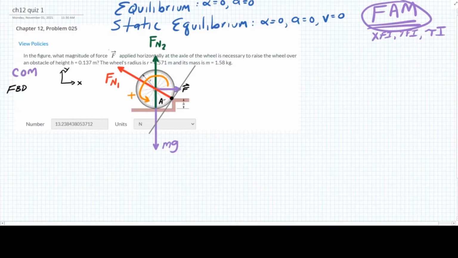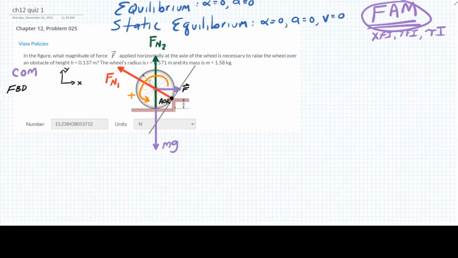Now, having said that, technically speaking, I could pick any point as the axis of rotation. That sort of takes the pressure off. I could select any point and you're going to get the right answer. The question is, maybe there's an easier versus a harder path based on your axis of rotation. But again, the good news is, pick any point.